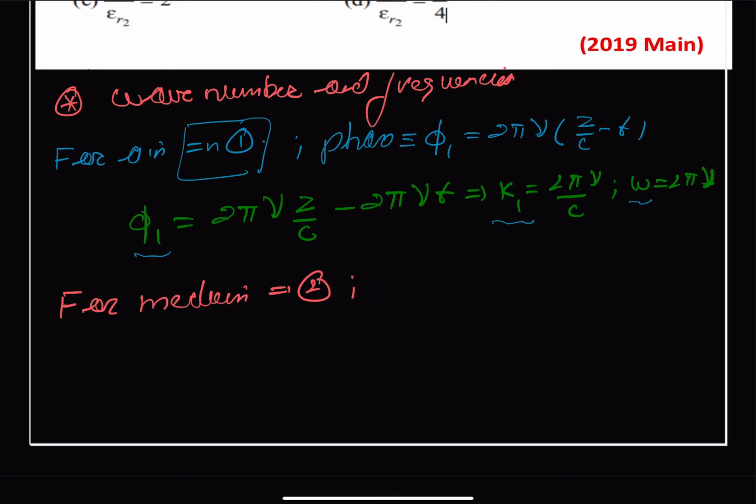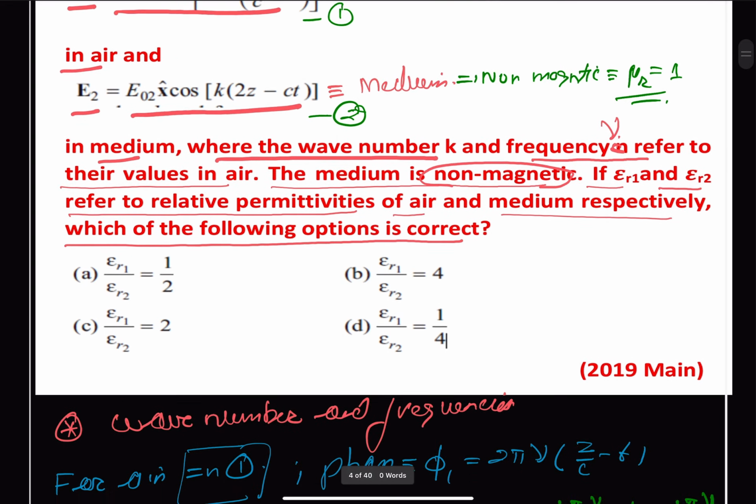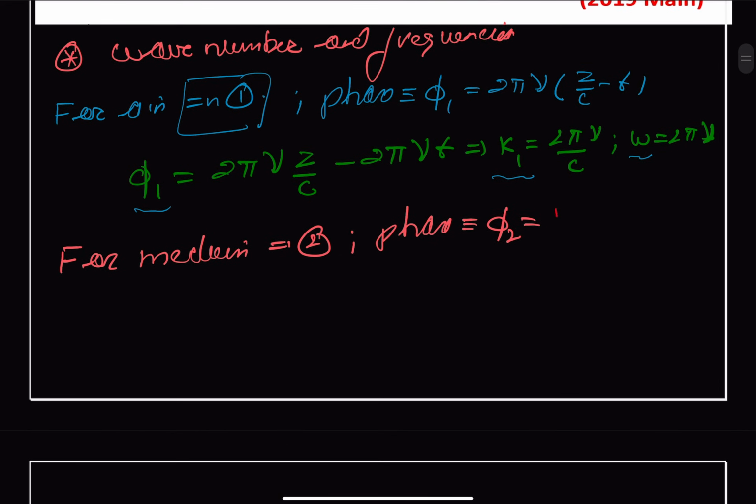We can say our phase phi 2 is equal to k2 z minus c k t, and we multiply, we get our phi 2 is equal to 2kz minus ckt.